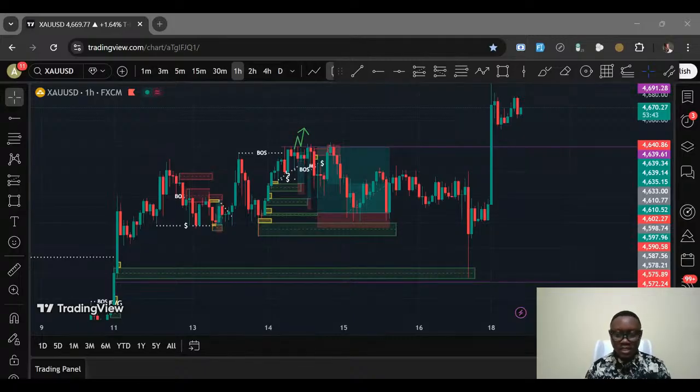So for both beginners, intermediate traders and professional traders, stick with me as we follow a well-structured top-down analysis process. All right. So before we go into today's analysis, let's have a very quick recap of what the market has been doing since our last session. Okay, so let's head to the chart.